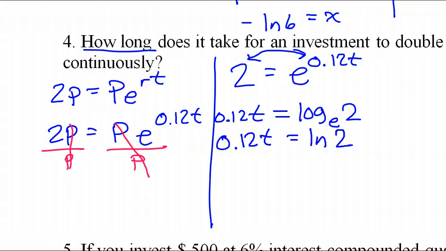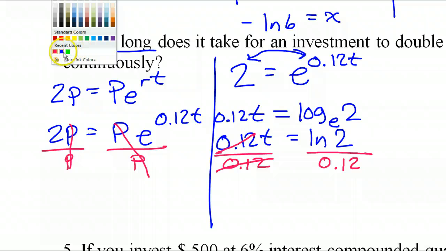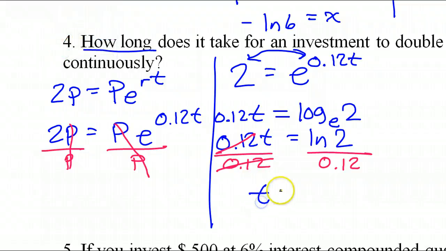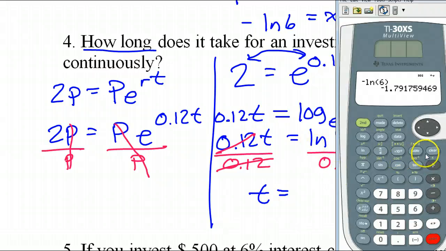To get t by itself, we will simply divide both sides by 0.12. Kabam. So then I will have t equals, and I can just put this in my calculator, natural log of 2 over 0.12.